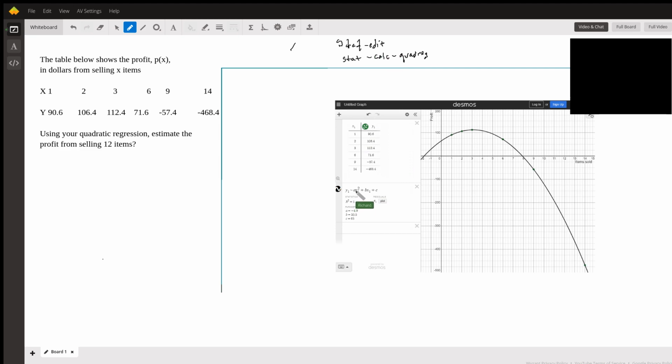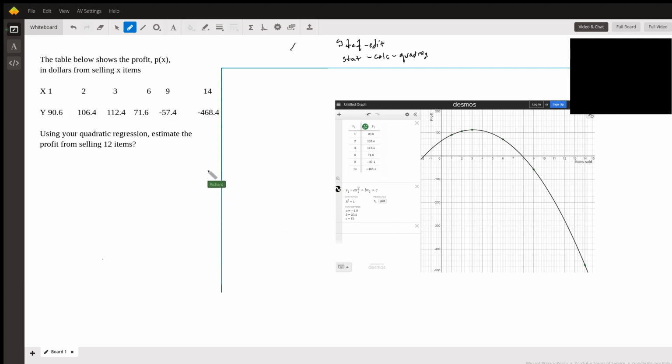I put in the quadratic form of the curve, and you see I get a perfect fit. R squared is the fit, and then I get these parameters coming out. You can see it's a parabola opening down, and it goes through all the data points. So that means it's a perfect fit.